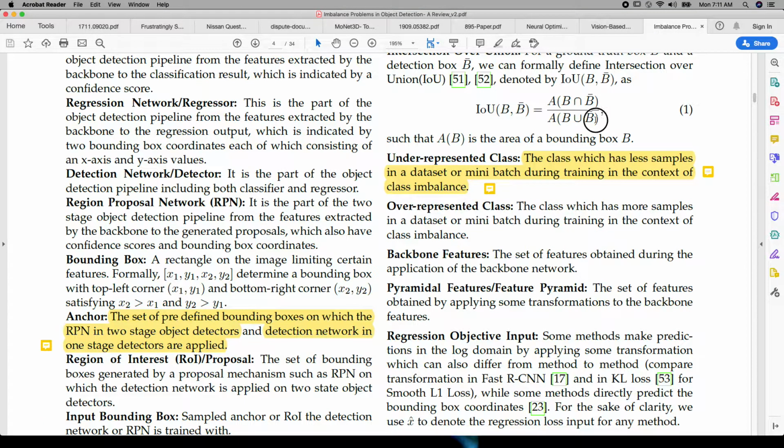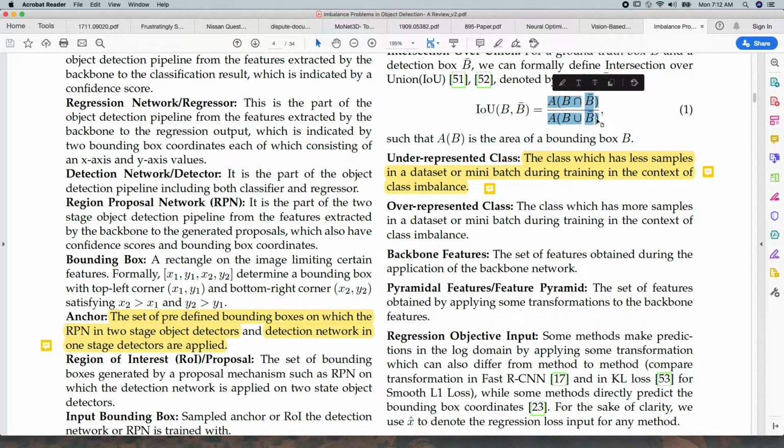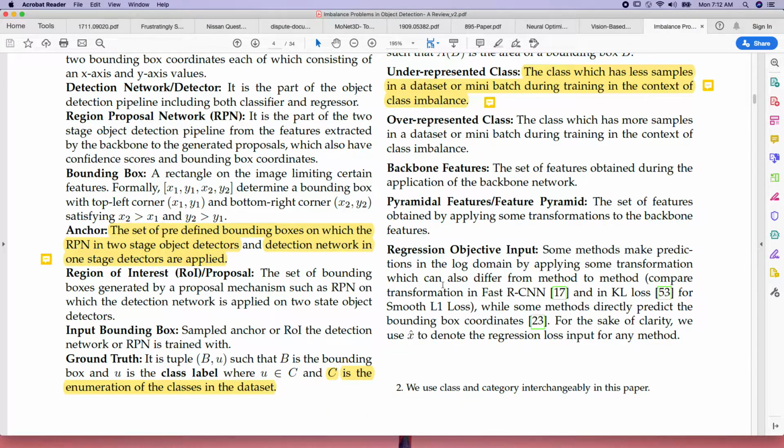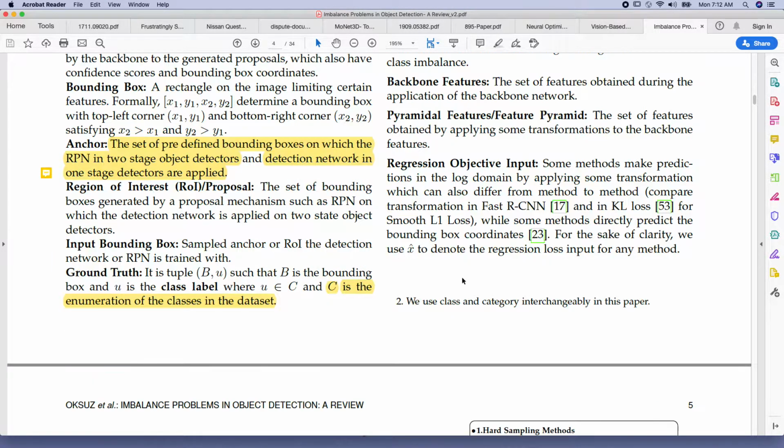You use intersection over union, which we can call the Jaccard coefficient, to estimate how well the prediction has performed. Of course, we know the set of predefined bounding boxes, the anchors. You see this in our tutorials, we mentioned that before.